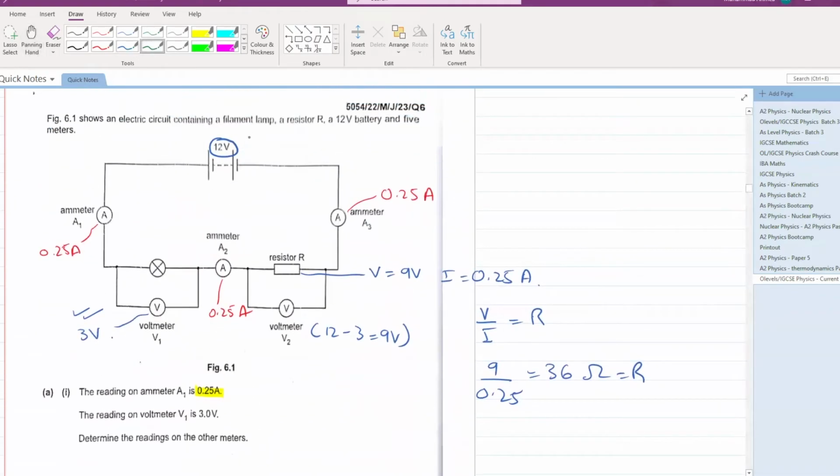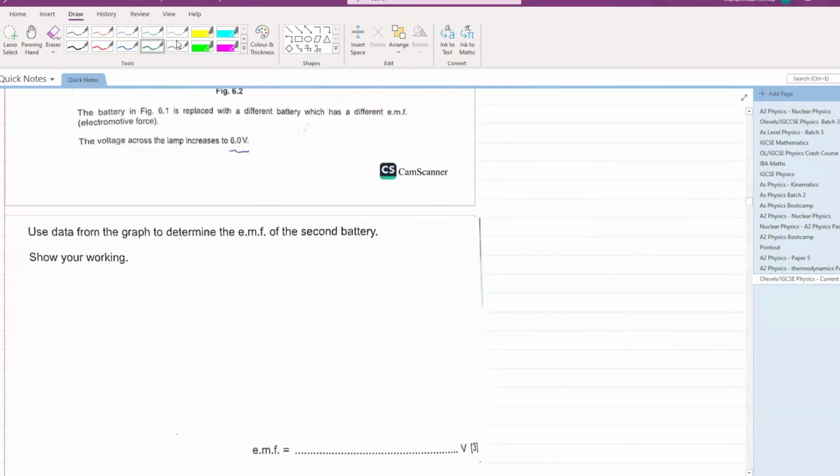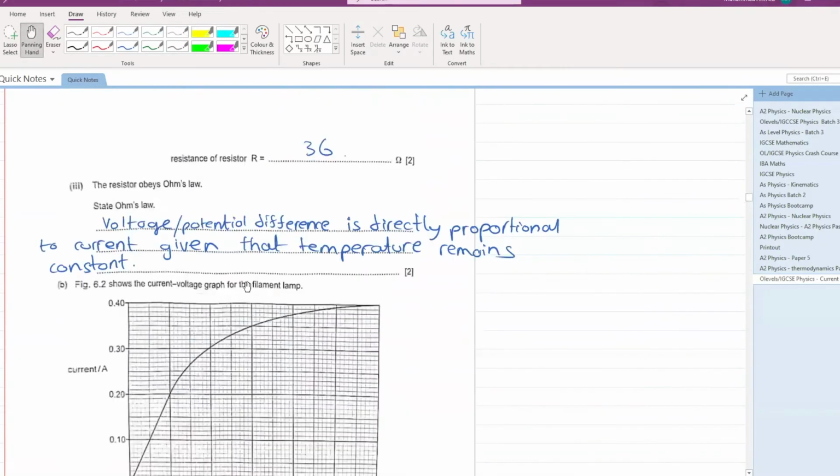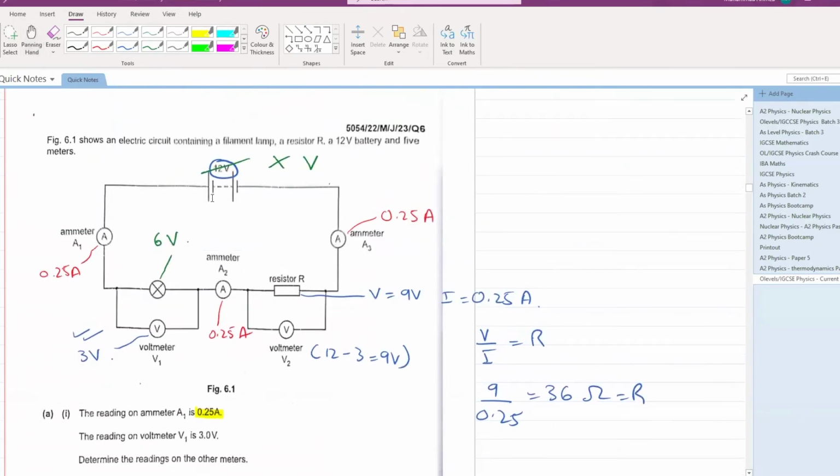Let's say that battery has a voltage of X volts, and this causes the voltage in this lamp to increase to 6 volts. This is what has happened up till now. Okay, so the examiner is asking us to use the data from the graph to determine the EMF of the second battery. So basically we have to determine this X volts.